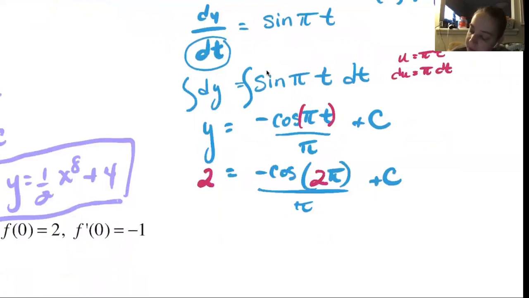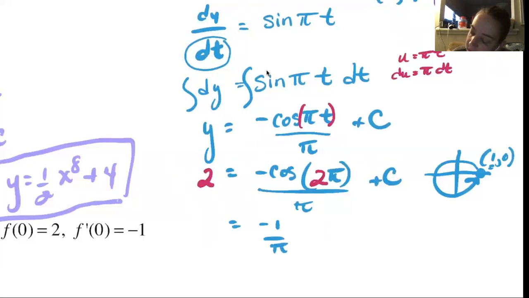So unit circle, I know some of us are still a little unsure about that unit circle, but 2 pi is all the way over here to the right. You're at the point (1, 0). Cosine is the x coordinate, so that's your 1. And we have a negative, so this is negative 1 over pi plus c is equal to 2.